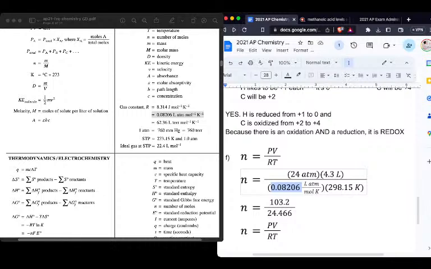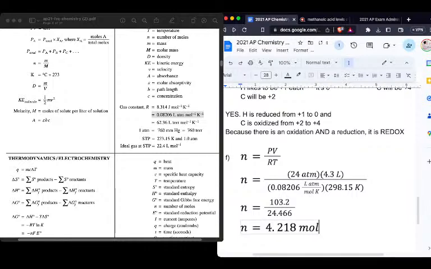More importantly, it's going to be wrong. Do the entire top, do the entire bottom, then divide on your own, unless you are very confident in your own calculator skills. 103.2 divided by 24.466. It's okay to have a weakness, like not knowing exactly what to type into the calculator, but you've got to compensate for it, right? That's what makes a champion.